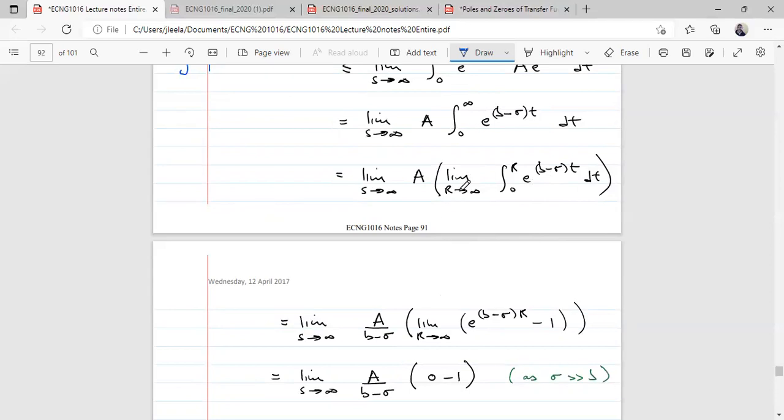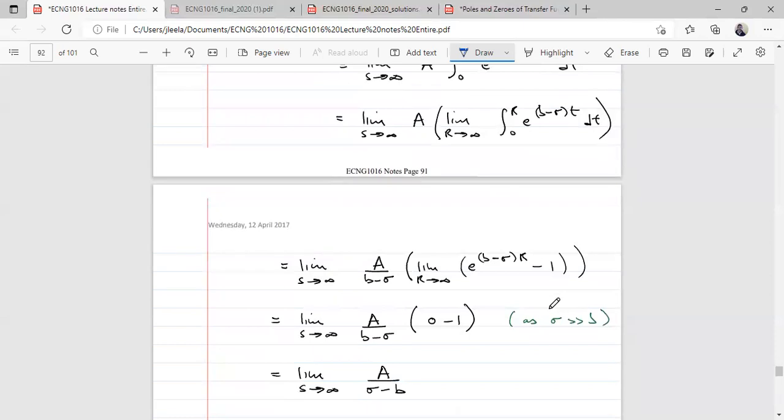Then you evaluate the limit of e to the (b minus sigma) r, and if you put in 0 here, you get minus 1. Of course, here we are assuming that sigma is much greater than b, the double arrow meaning much greater than. If sigma is much greater than b, it means that the exponent on top will be negative.